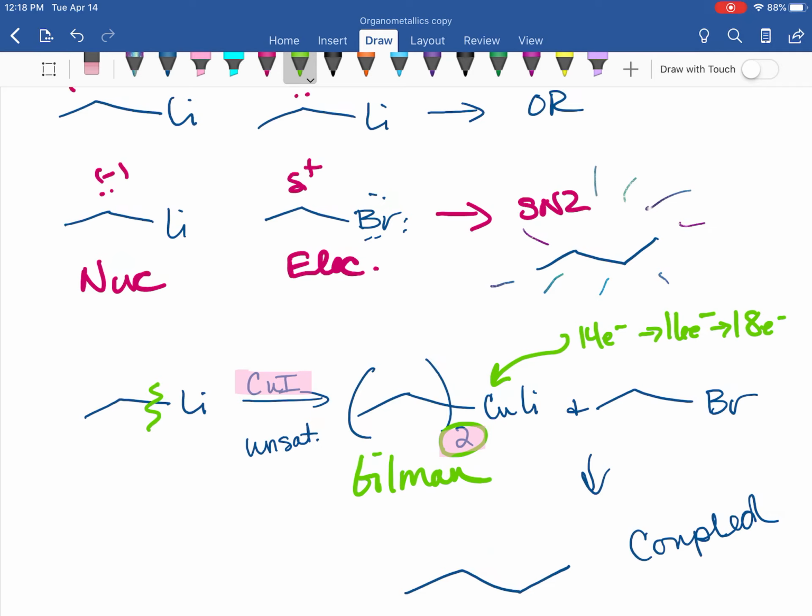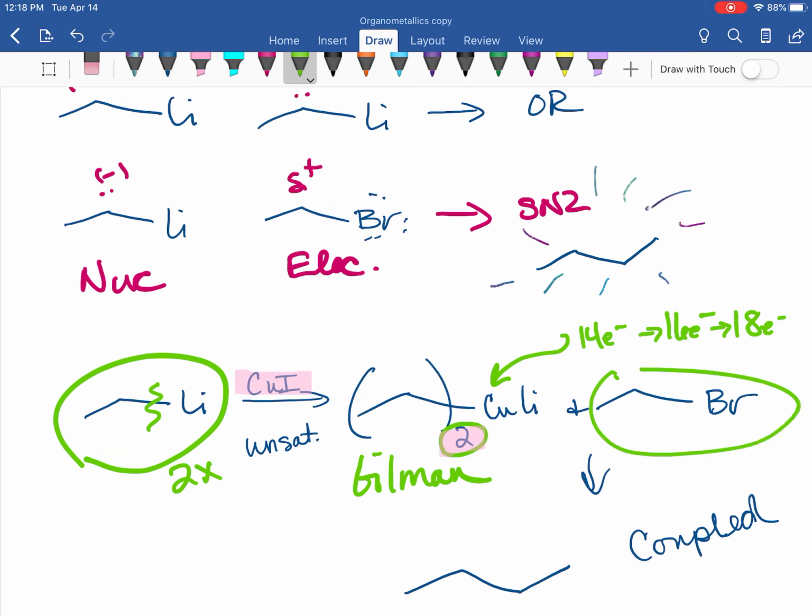You start with your Gilman and you end up taking on two of these onto your copper, and then you still have room to take on one more of these, and then copper spits out and forms a bond between this carbon and this carbon. Okay, that was intense. So I feel like we need to do another one of these.